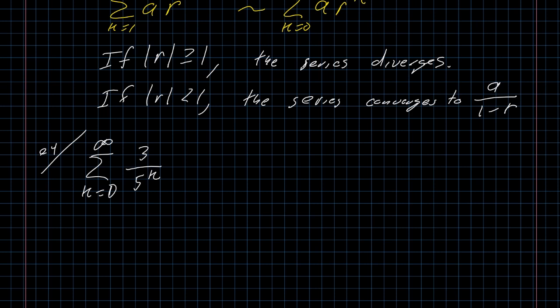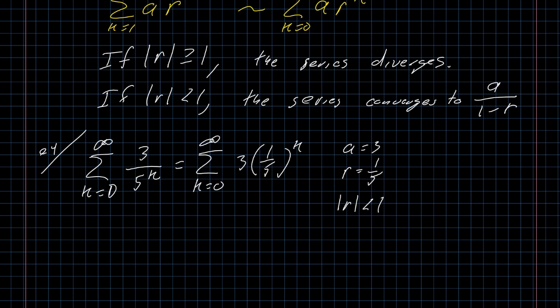It doesn't immediately look like the form that we had before, but if you play around with the expression a little bit, I hope you can agree with me that this is the same thing as 3 times 1/5 to the k power. And as soon as you can establish that, you know that a is 3, r is 1/5, and the absolute value of r is less than 1.